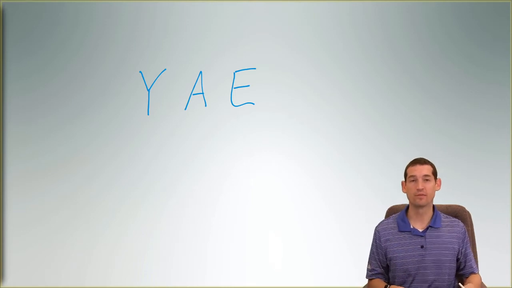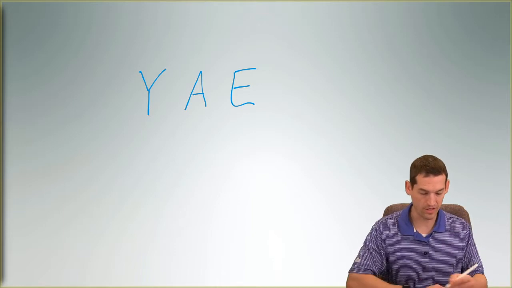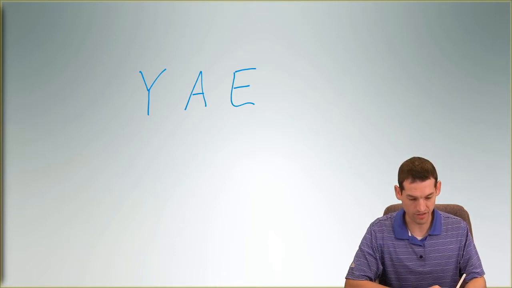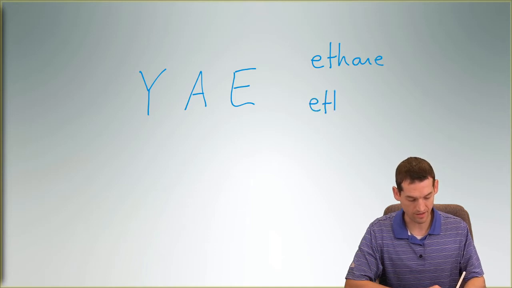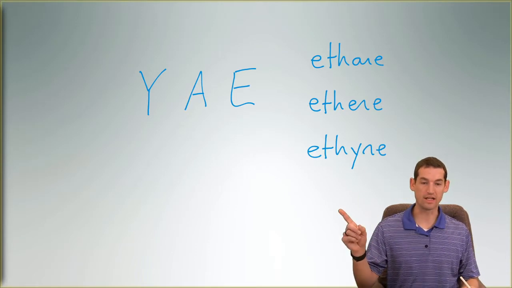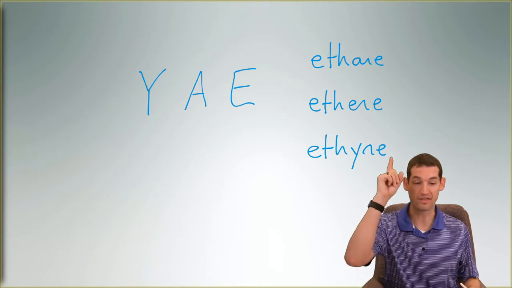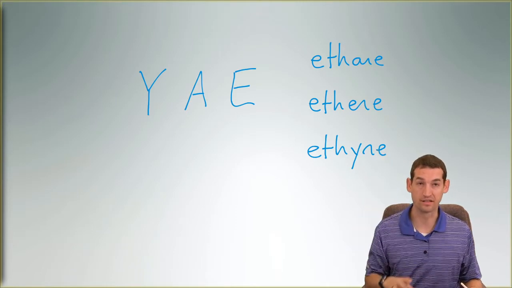So if you had 3 molecules, and I've given you 3 in that box to the side there. Let's say you have ethane, ethene, and ethyne. Well, according to Y-A-E, ethyne should have the highest boiling point, and then ethane, and then ethene.